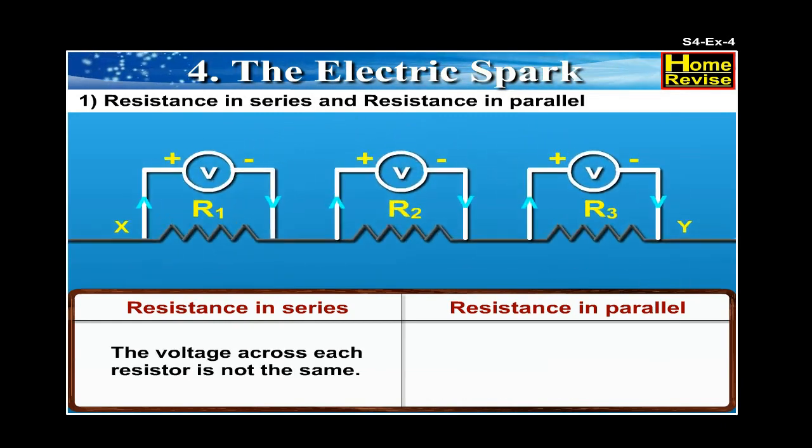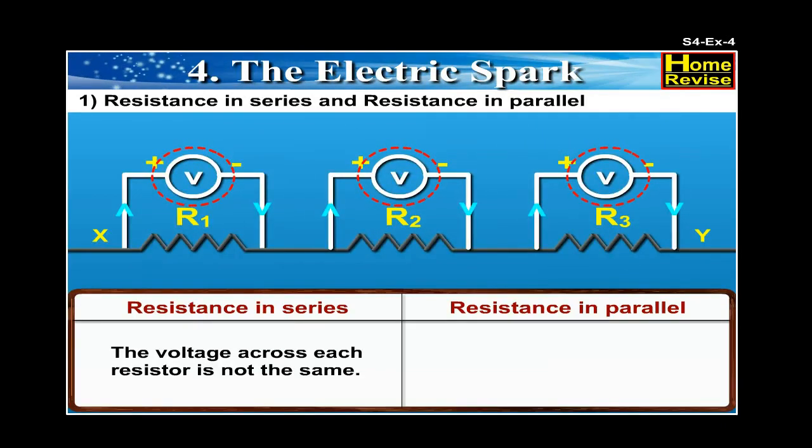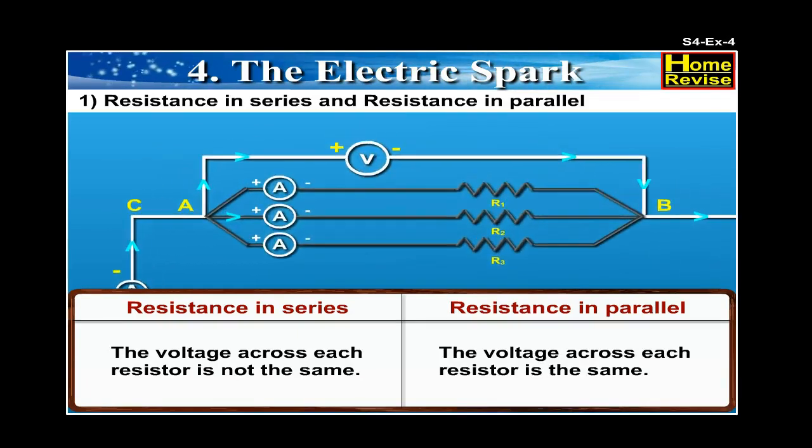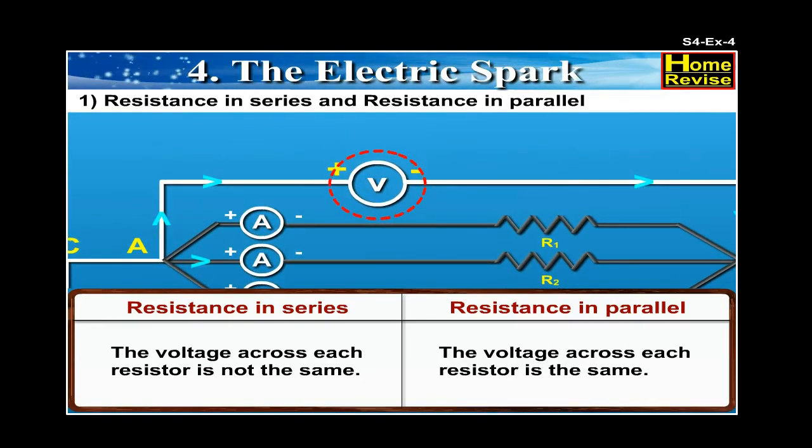In series connection, the voltage across each resistor is not the same, whereas in parallel connection, the voltage across each resistor is the same.